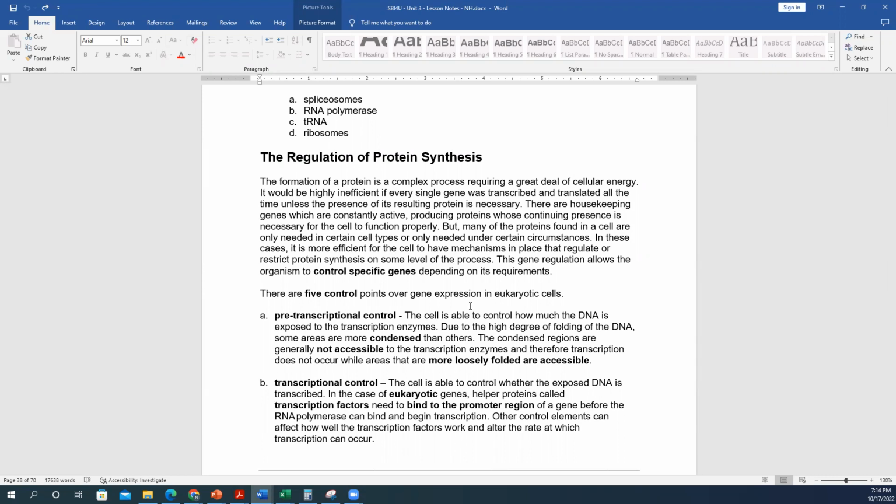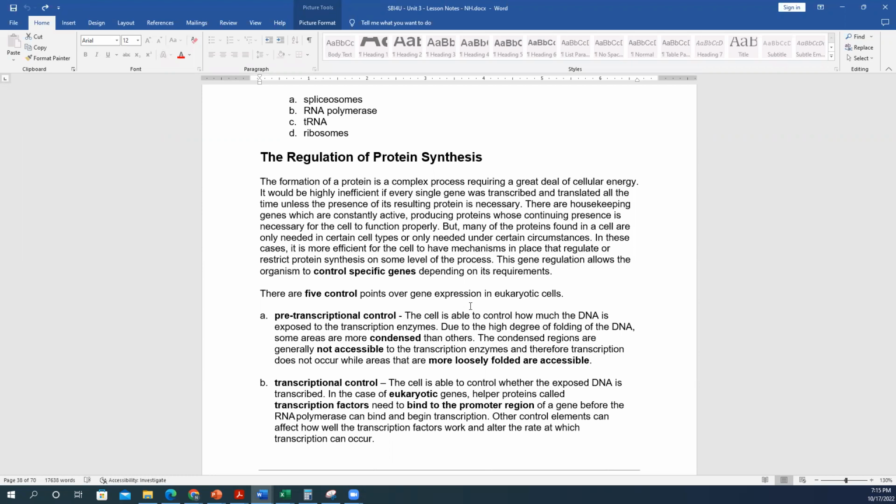And so it wouldn't be very efficient if every single gene was transcribed and translated all the time, right? Because you don't want to be transcribing and translating genes that you don't really need. You don't want to be making proteins that your cell doesn't require and it's not necessary to have around.